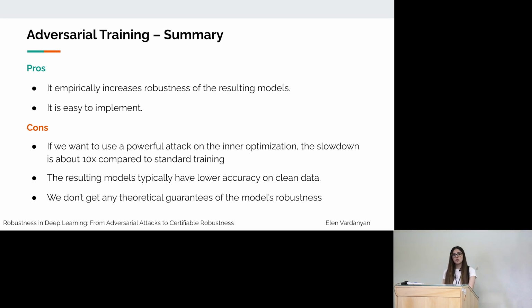And then also the resulting models typically have lower accuracy on clean data, even though they perform better on these perturbed images. On the normal images, the average accuracy sort of goes down. And then one more thing is that we don't really have any theoretical guarantees of this model's robustness. We just know that empirically they do improve the robustness.